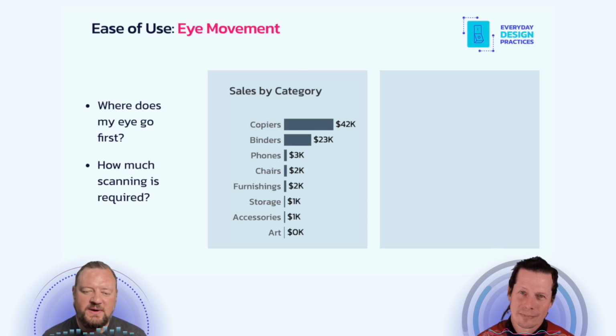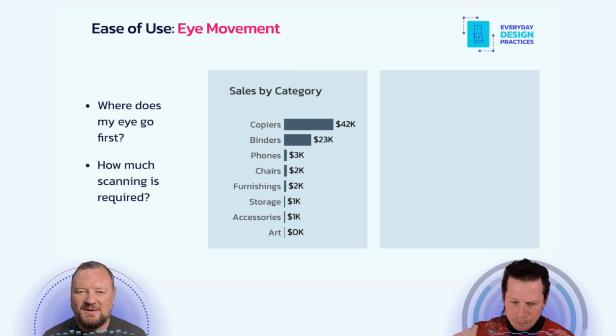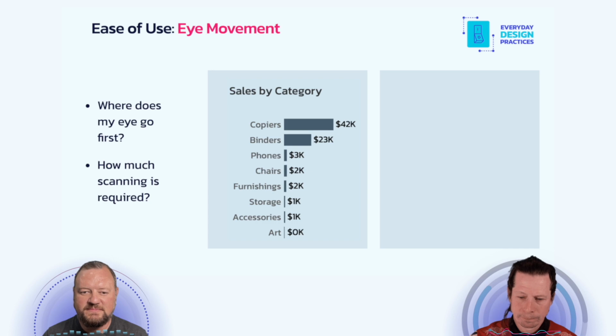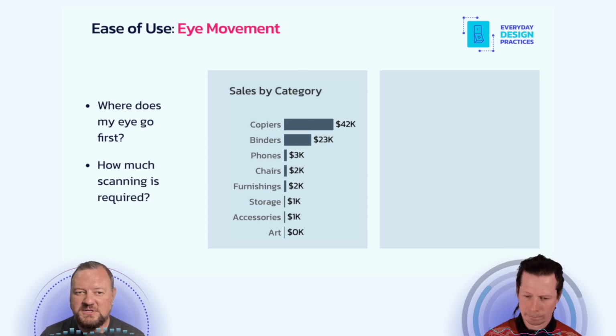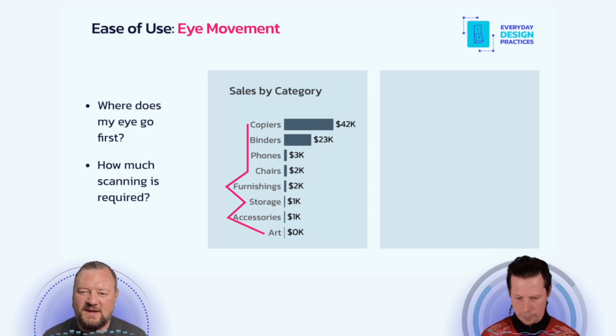So in this case, if I wanted to find those numbers and just read through them, my eye would have to jump around a little bit. So I'm going to animate this little line here to show you where your eye would have to go first to find a particular category. Let's say I'm looking for chairs. My eye has to bounce around a little bit.